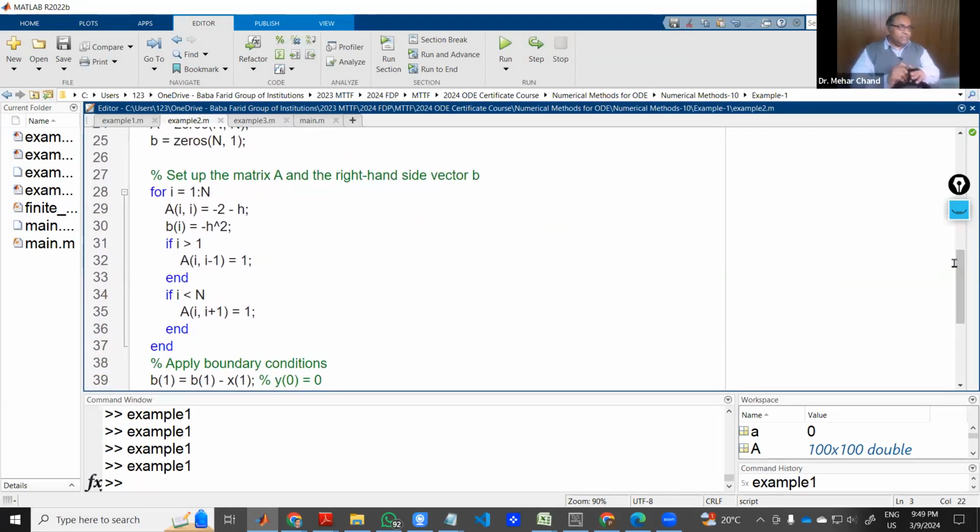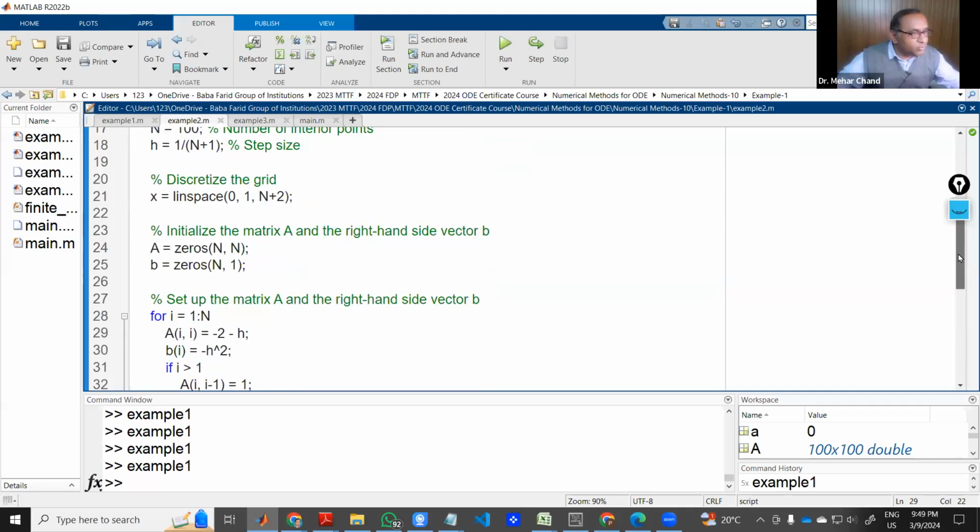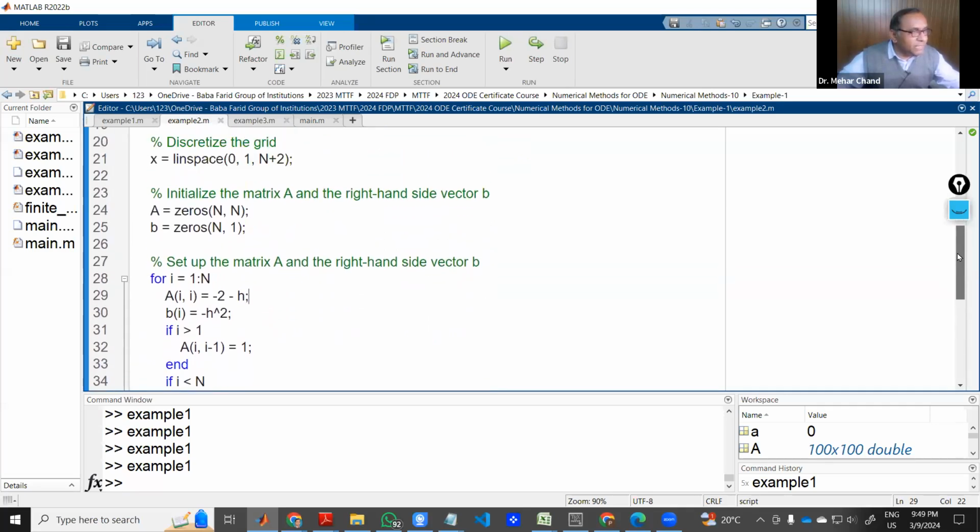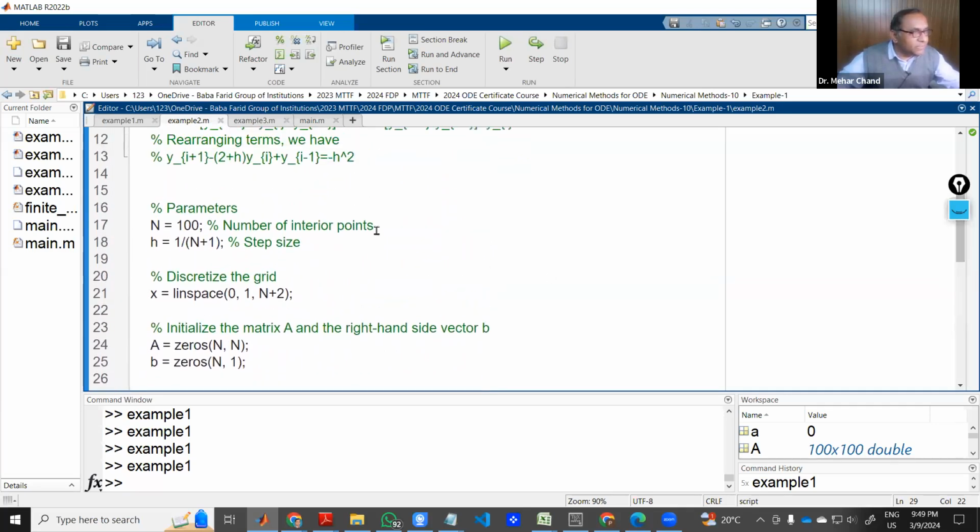Here you can see the values corresponding to the diagonal elements a11, a22, a33, and so on. All of these will be equal to -2 minus h. So these will be the coefficient of this middle term, and the coefficients of this term and this term are both 1.